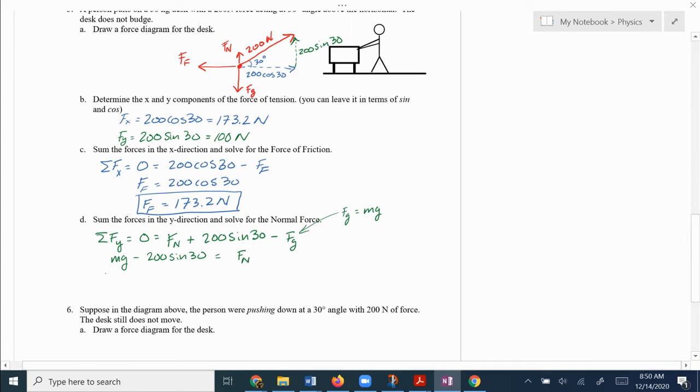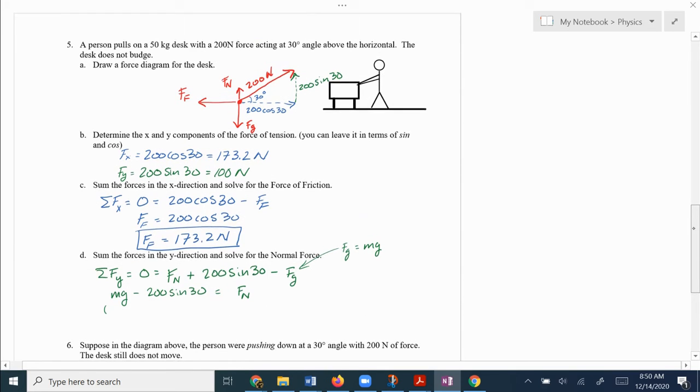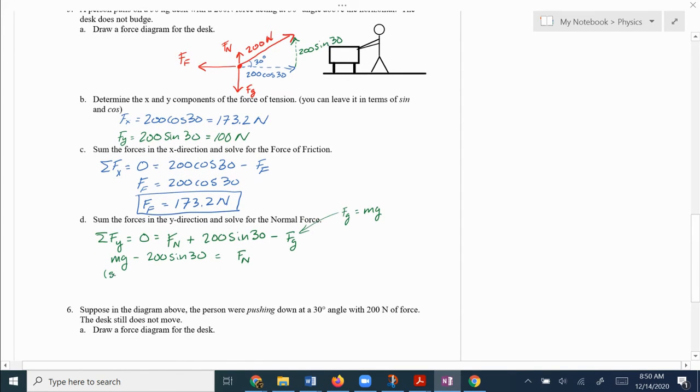Now let's go ahead and plug in our numbers here. It is a 50 kilogram desk, so that's going to give me 50 times 9.8, which is 490, minus 200 sine 30. We know that's 100. So that's going to give me 490 minus 100. So normal force is equal to 390.